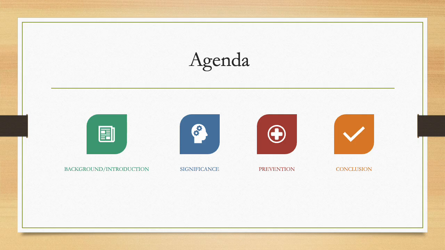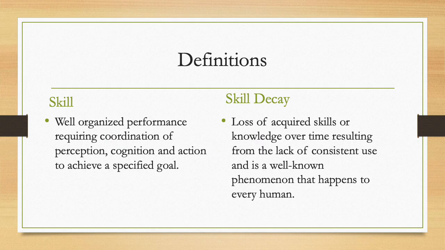But before we get started with the background and introduction, allow me to share some definitions with you. So, what are skills? They are defined as well organized performance requiring coordination of perception, cognition, action to achieve a specific goal. Every profession has skills that are provided during their basic training as a baseline.